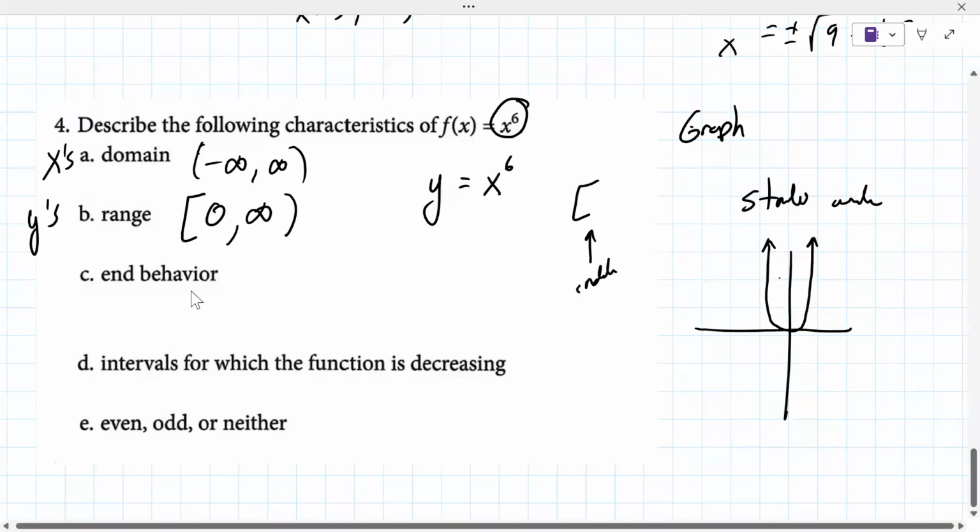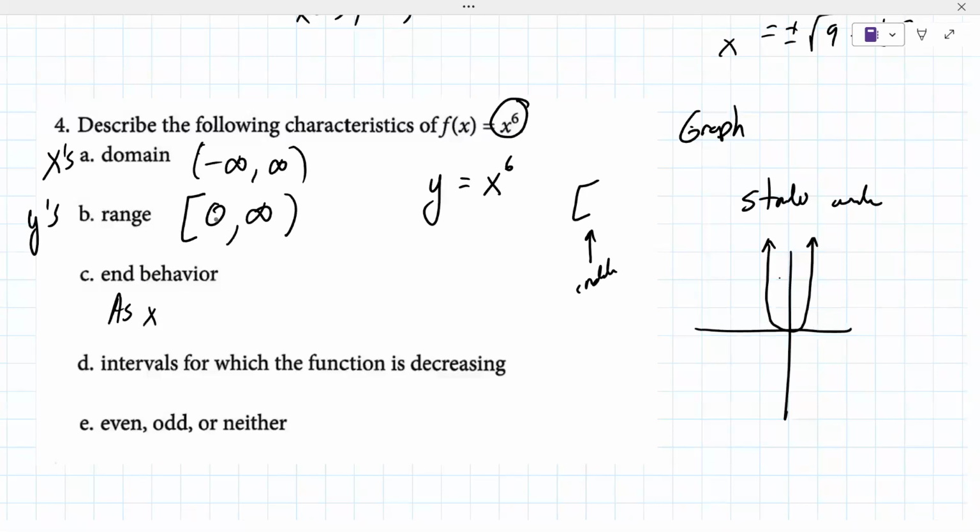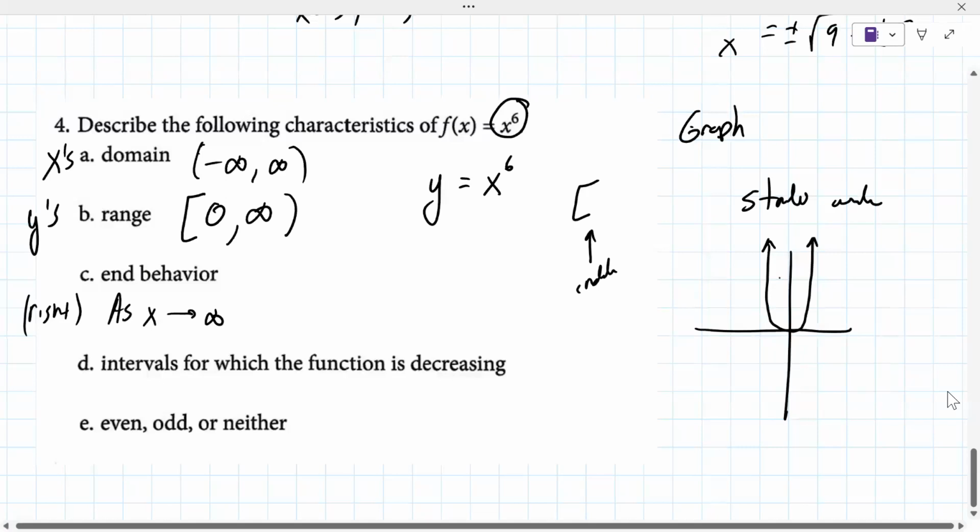All right, now the end behavior, you're doing two things. You're saying as x goes to infinity, which means going to the right forever. If you could trace your finger along the curve to the right forever, you ask yourself where does it go?